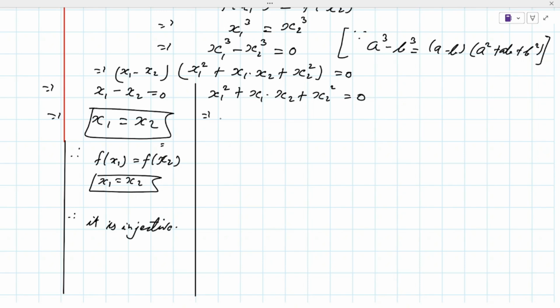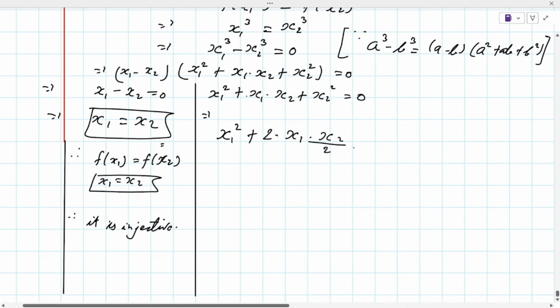And the second part will be, now we have to solve it. So what we can do here is try to solve it in a quadratic form, quadratic equation. Can we do it like this: x1 square plus 2 into x1 into x2 by 2.